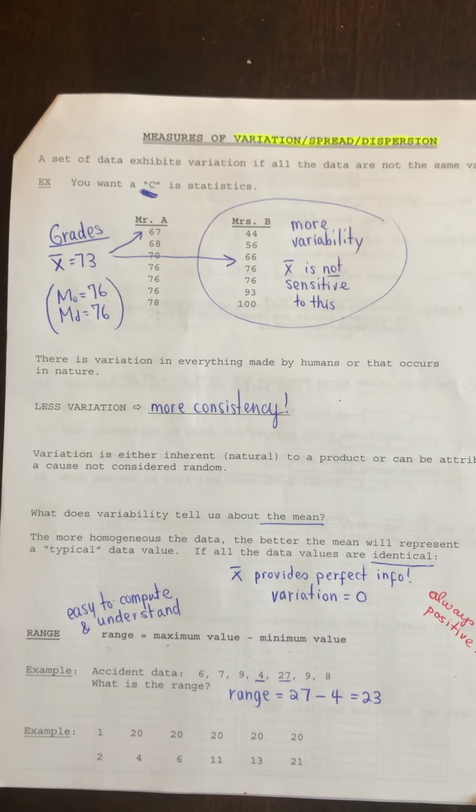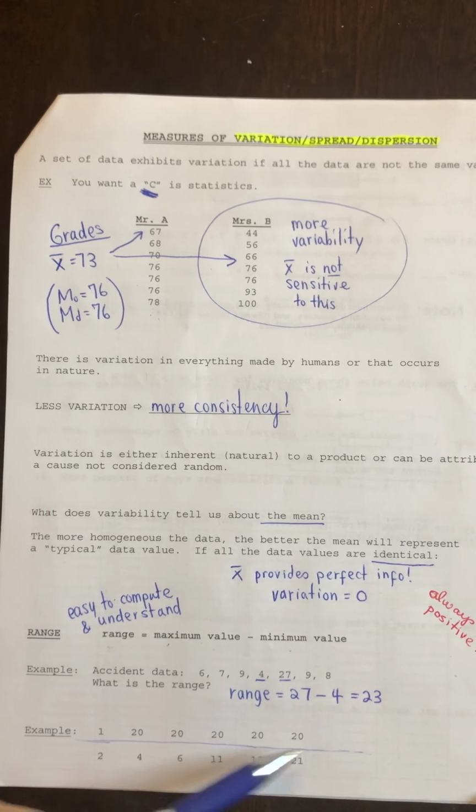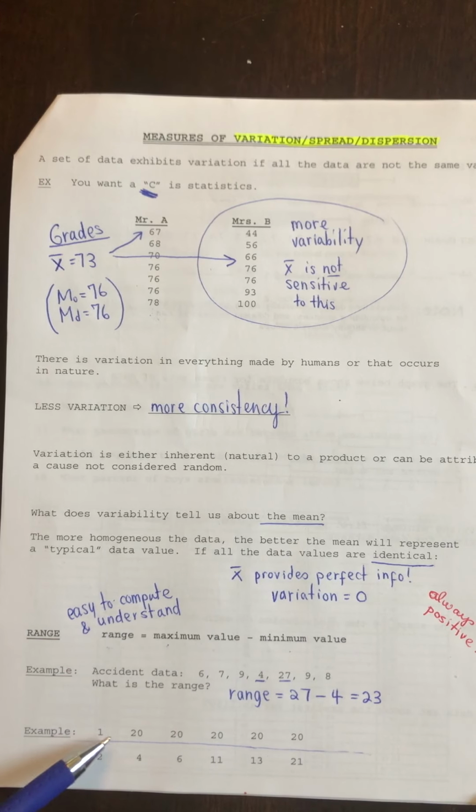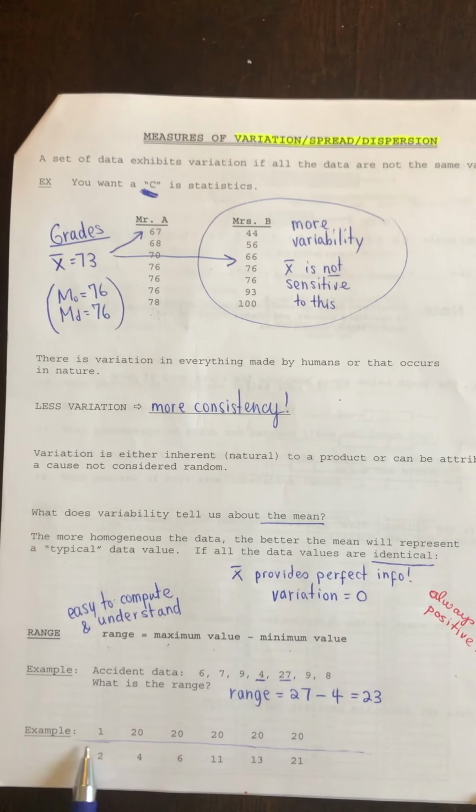Now, I want you to consider these as 2 separate data sets, the top and the bottom. Hopefully you can see that the top data set is very consistent compared to the second data set. Pretty much these are all 20s except for one value. So there's a lot more consistency in the top data set.